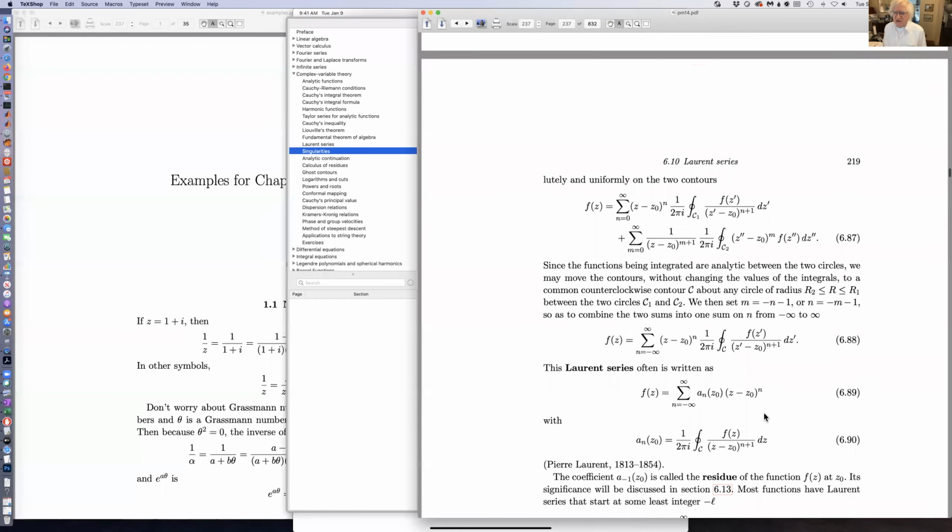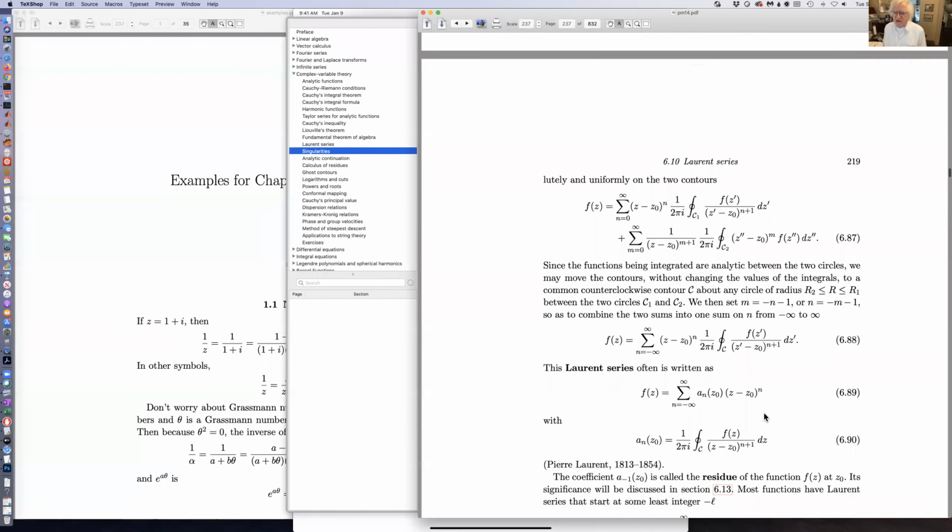And the reason for that is what I went through here, namely that if you have a higher power of z minus z0, it doesn't matter. It vanishes unless little n is equal to 1. So I hope that's the reason why people like this theorem.